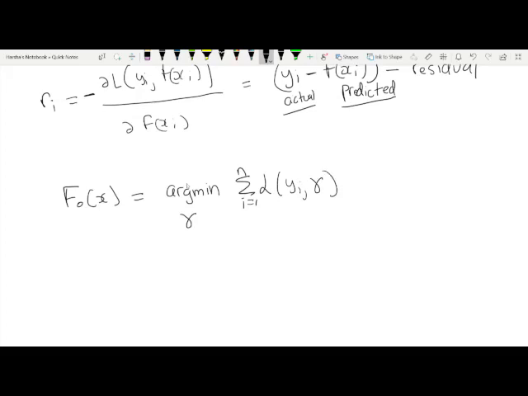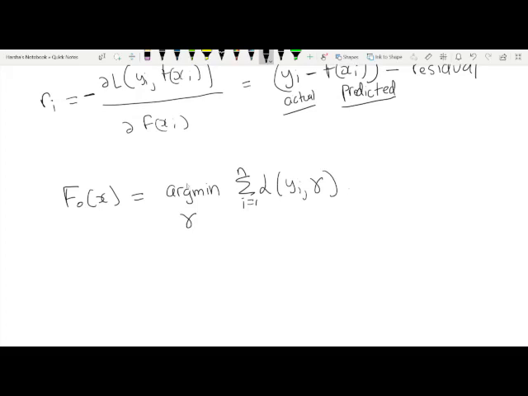So in a sense, gamma is, you're given a choice of one number, and you're trying to find one number which gives a good idea of all the yi's.